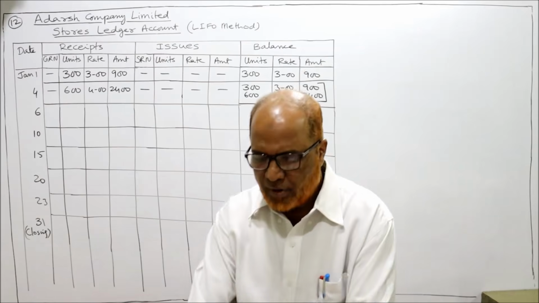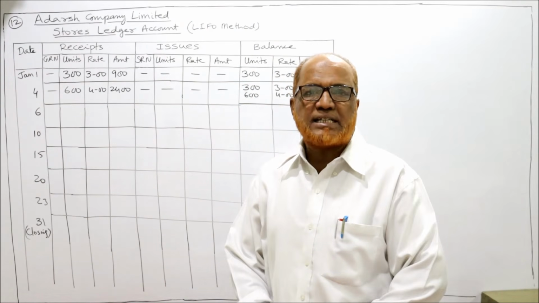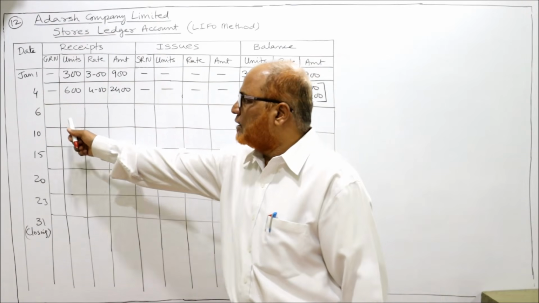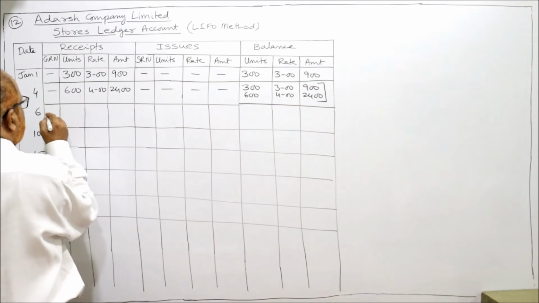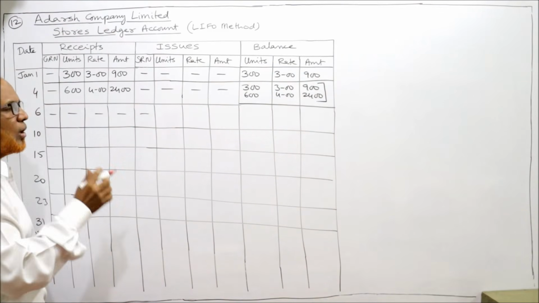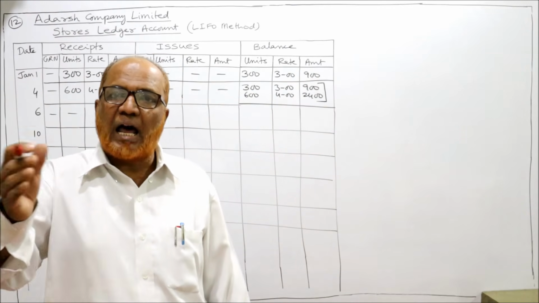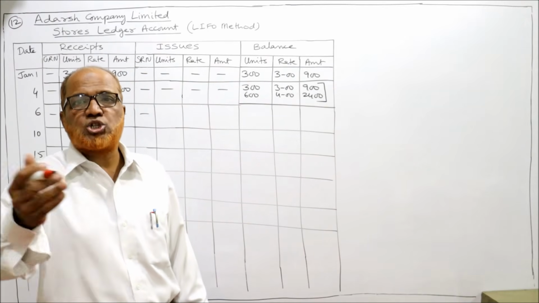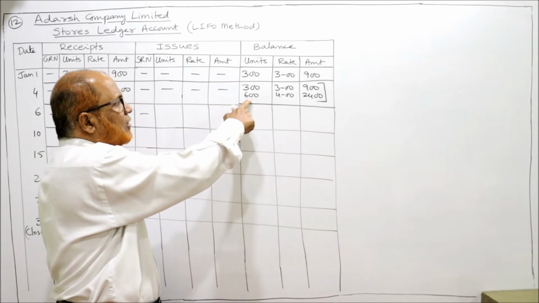On 6th January there is an issue of 500 units. Now see here, on 6th January I am taking it in the issue column. Issue column, 500 units. We are following the LIFO method, last in first out. The second lot will be issued first. What is the second lot here? 600 units.